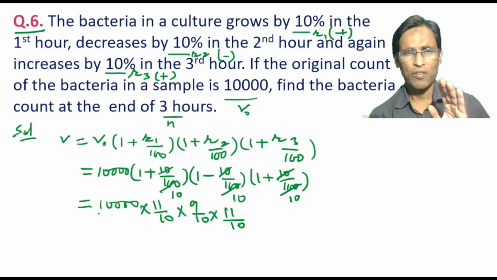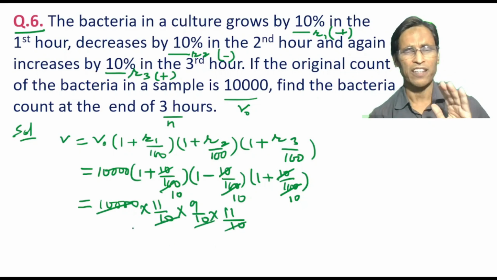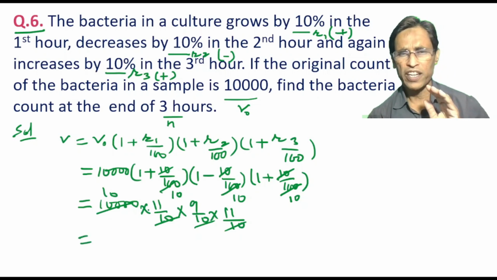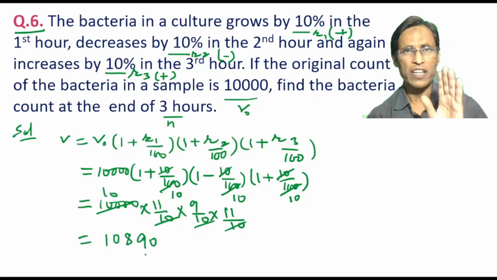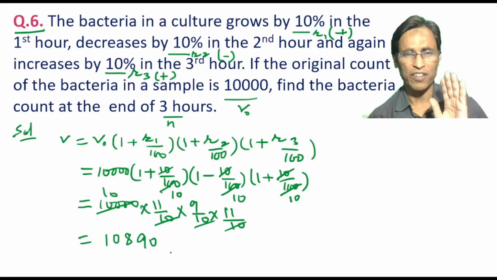Therefore, we divide 10,000 by altogether 10, 10 and 10 in 10 times. Now, the product will be equal to 10 into 11 into 9 into 11, that is 10,890. And this is the required number of bacteria after 3 hours.